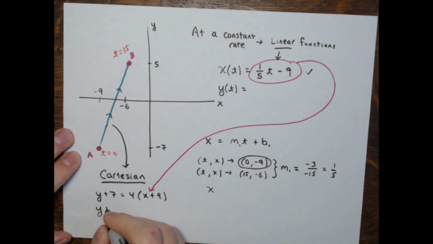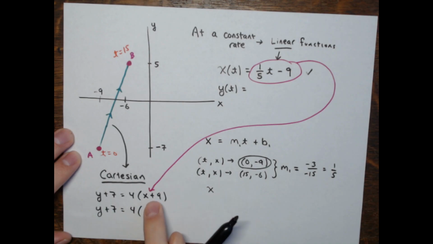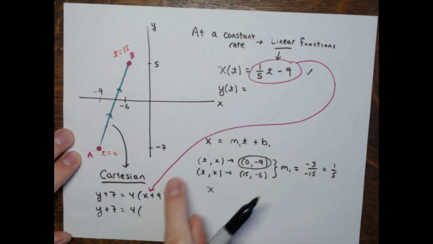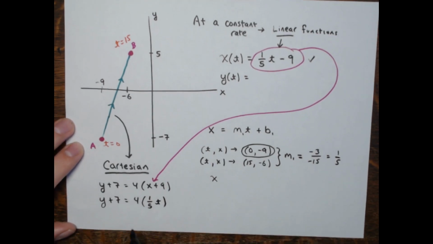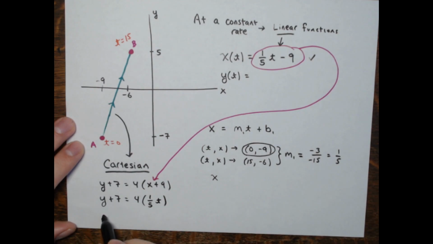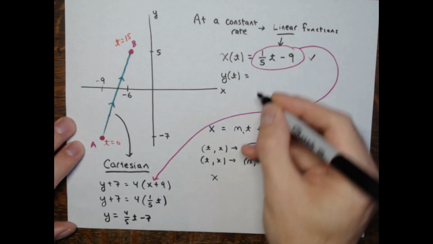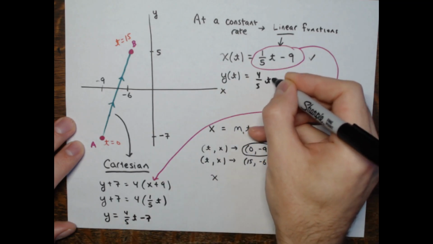So y plus 7 would be 4 times 1/5 t minus 9 plus 9, which is just 1/5 t. And then we subtract 7 and we got y equals 4/5 t minus 7. There we go, 4/5 t minus 7.